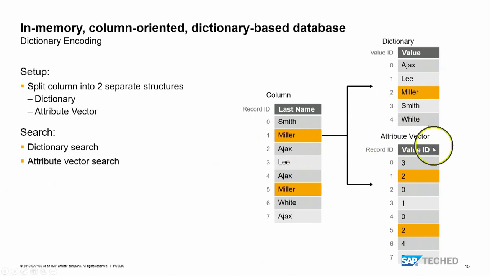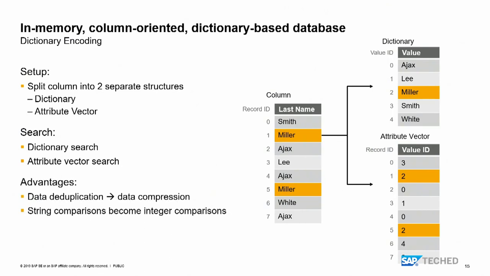I again scan through the attribute vector and see, oh, 2 is here, great, record ID 1 is the result, 2, record ID 5 is the result. That's how a search is done if you use dictionary encoding. And the advantages of dictionary encoding are, first and foremost, data deduplication and data compression.